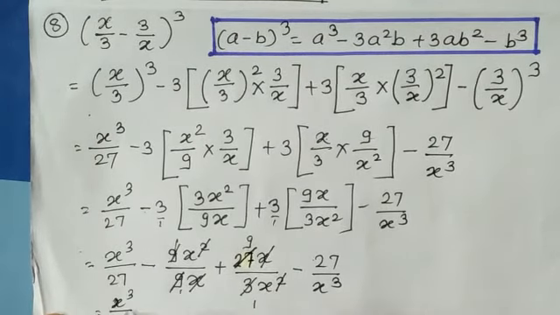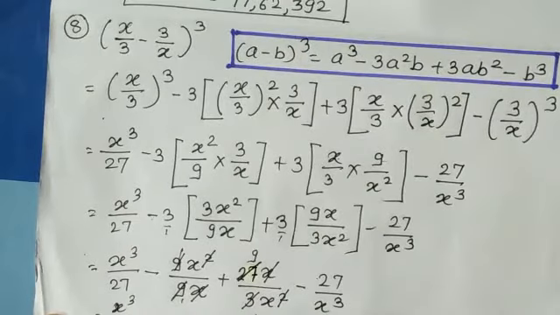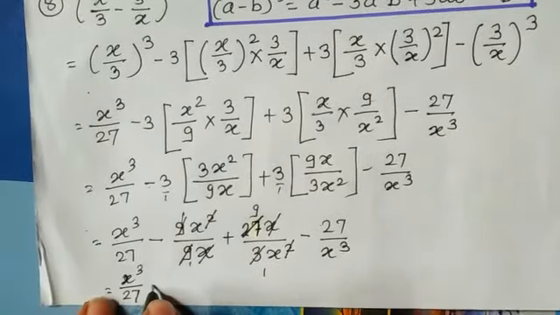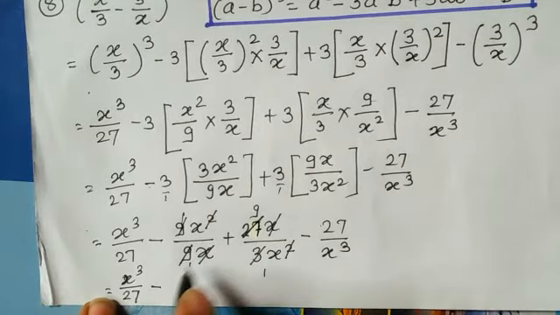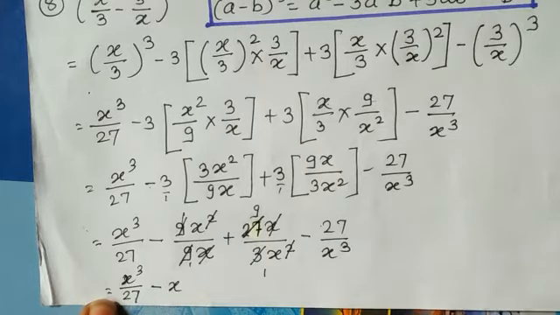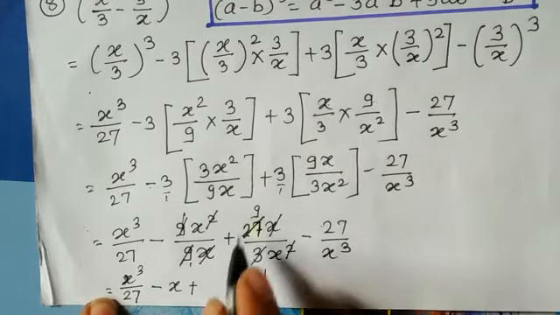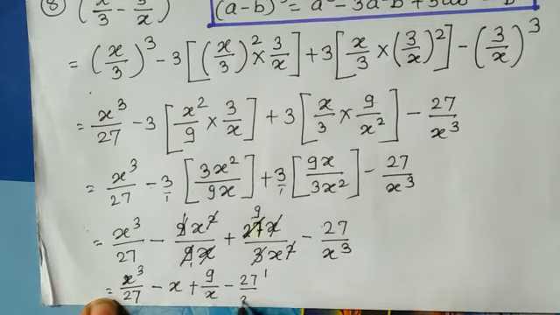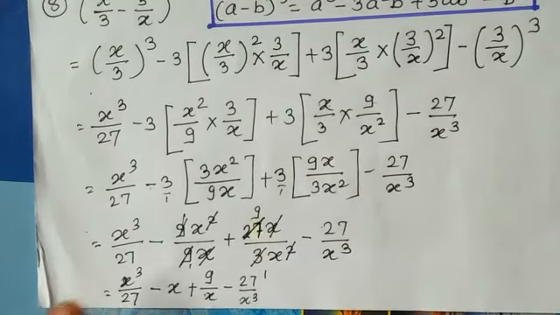x raised to 3 upon 27, minus, here only one x remains, so we are going to write plus 9 upon 1x remains here, minus 27 upon x raised to 3. So this is our actual answer.